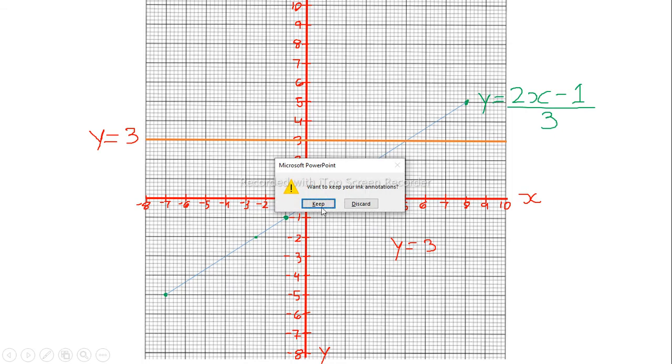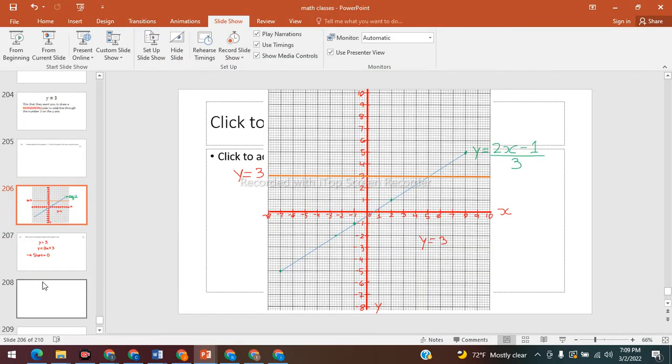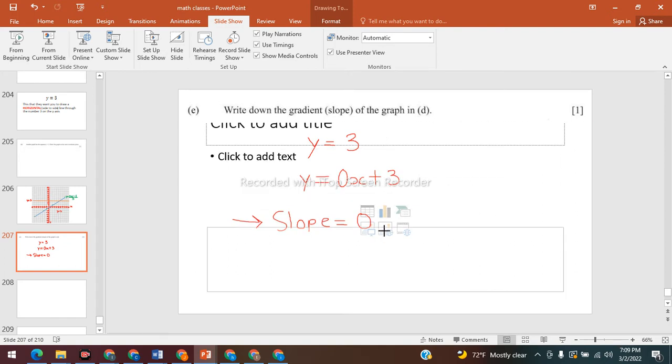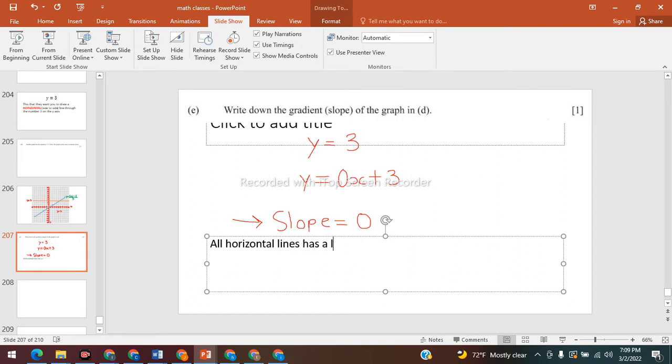So just make a note of that: all horizontal lines have a slope of 0.